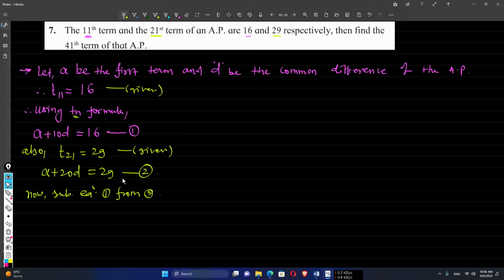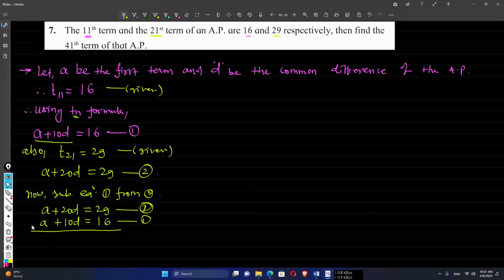So let's write equation 2 first. A plus 20D equals to 29 is our equation number 2, and we have to subtract equation number 1 from this second equation. So we will write A plus 10D equals to 16, our equation number 1.